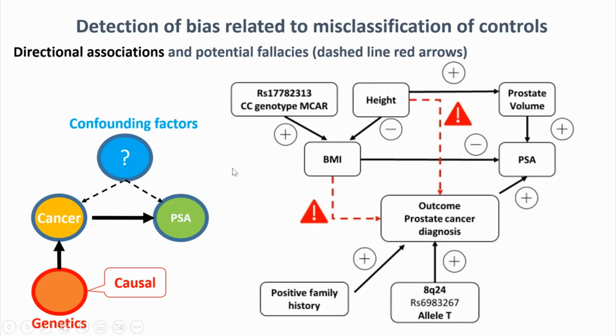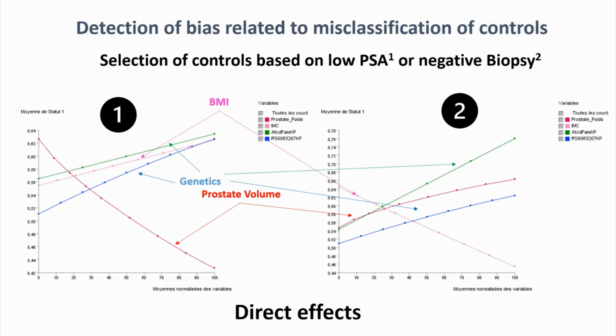If you look at prostate cancer, you can see that some anthropometric factors are discussed with controversies. For example, body mass index has been reported as a risk factor for prostate cancer or aggressive prostate cancer, also the height. So we have developed a method to identify this type of bias.